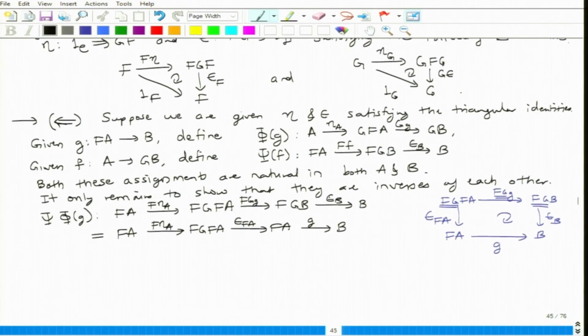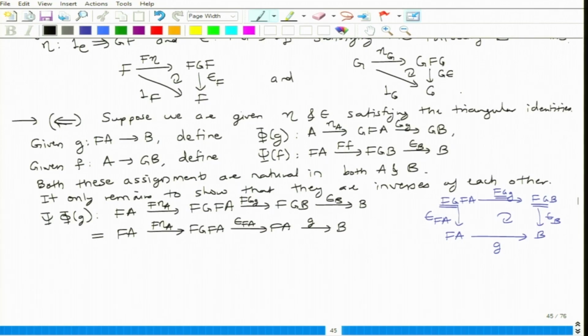If you agree with this, then look at what these first two morphisms are: F eta A followed by epsilon sub FA. Look at the first triangular identity. We know that it is satisfied. So that is a commutative diagram of natural transformations.